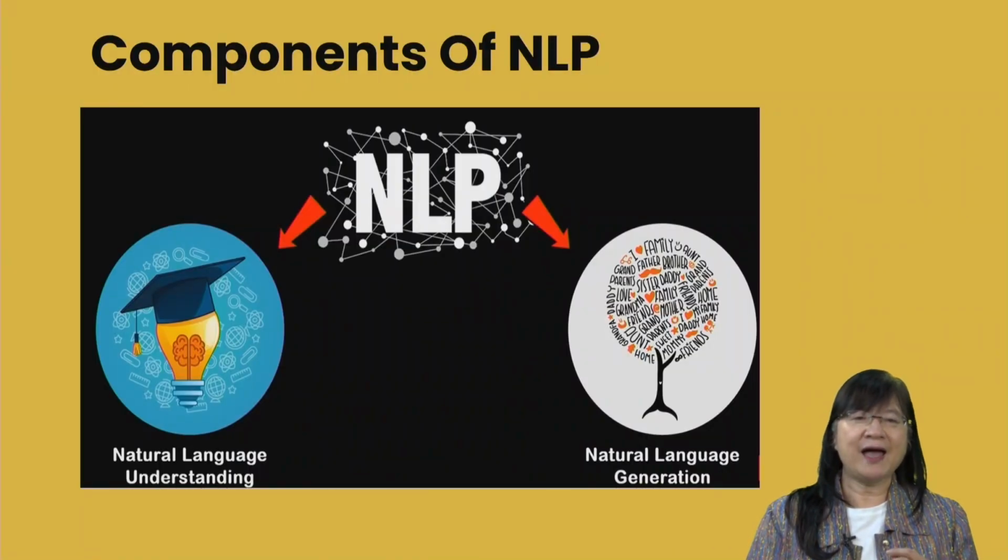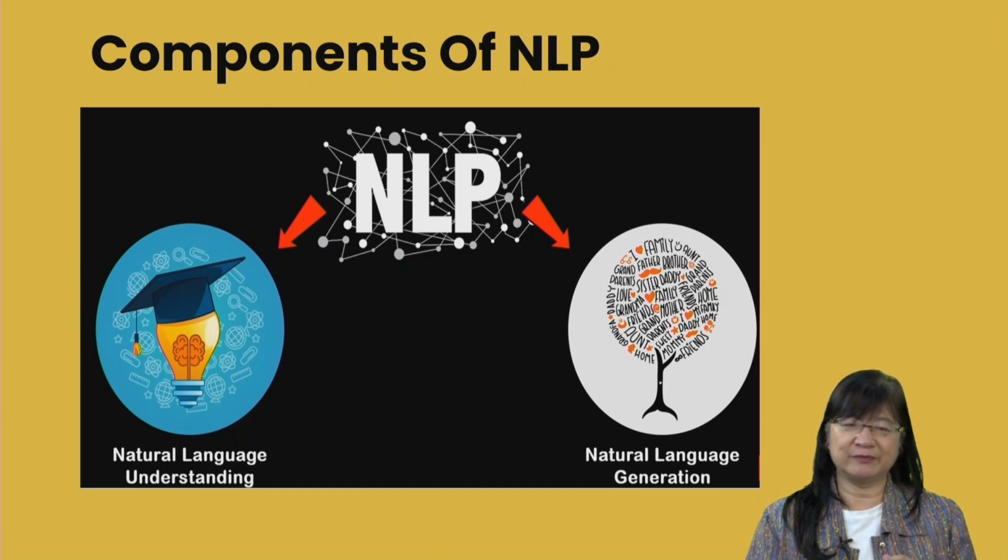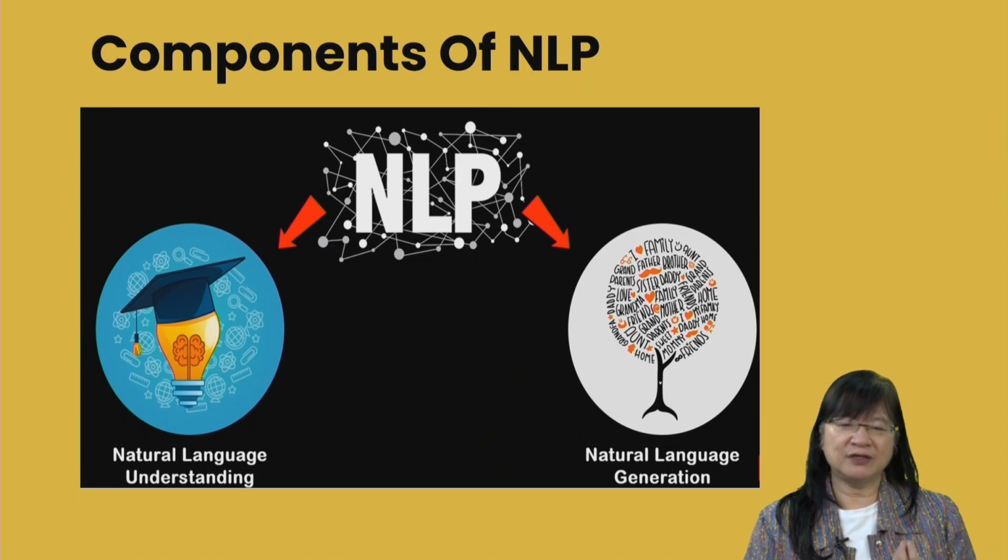Okay, so I have introduced three terms, right? NLP is about human language. Anything I'm saying here, I'm speaking now, you try to understand me. And for computers, they will generate that so they can understand human language.